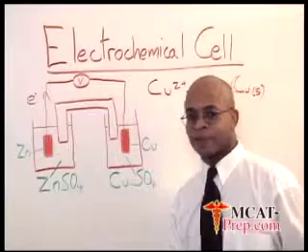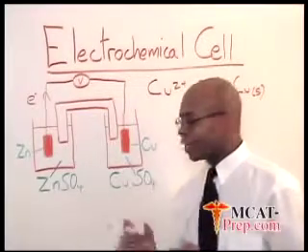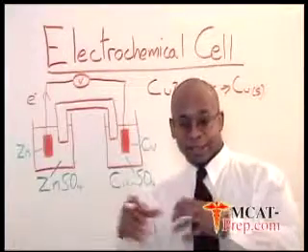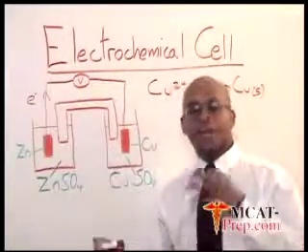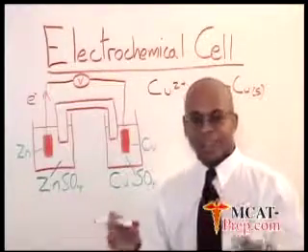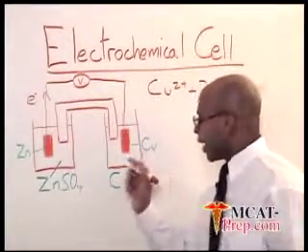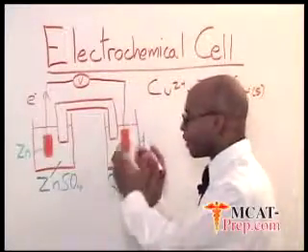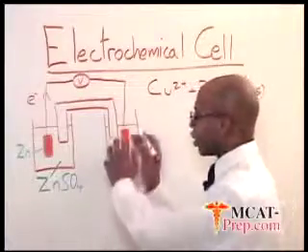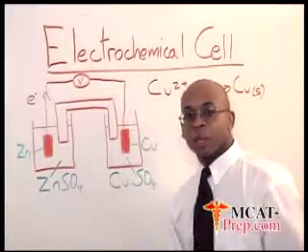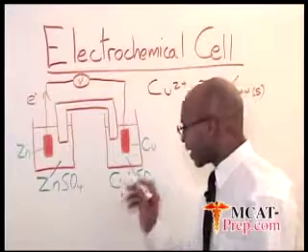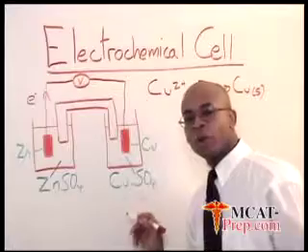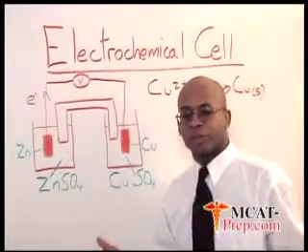But something's wrong with this picture. And that is that there was balance. It was a solution that had ions in it, but there was an equal amount of cations and anions. So now that copper is plating onto the electrode, the balance is disrupted. The overall charge of the container will start to become negative, because as the Cu2+ plates on, you're going to have a net SO4 2- just hanging in solution.